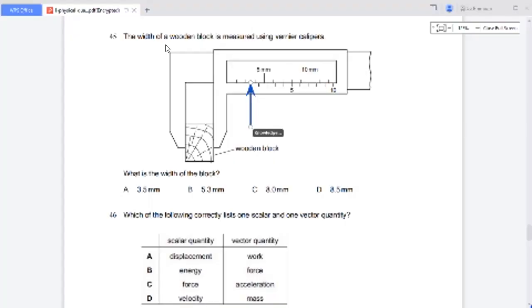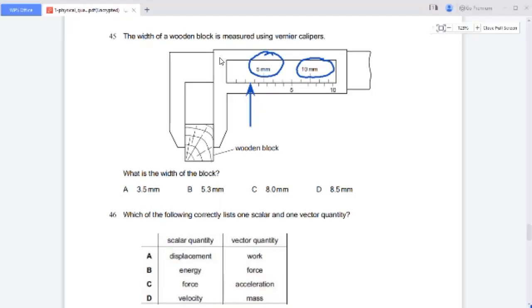Now see, the main scale is already in millimeters. So our reading would be 3.0 plus, now see here, the 5 of the main scale and Vernier scale are parallel to each other, or you can see are matching or coinciding.